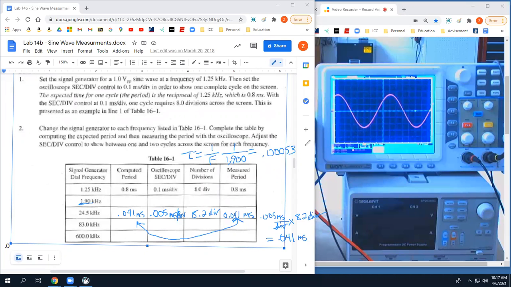So how many milliseconds is that? This is 0.00053 seconds. How many milliseconds is it? Right, so 0.53 milliseconds.